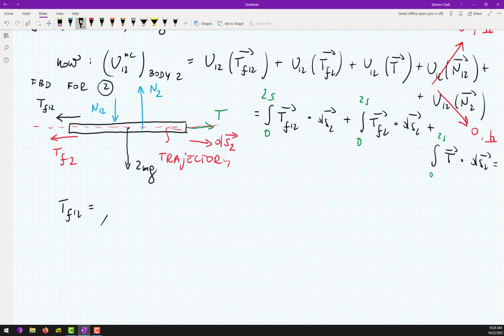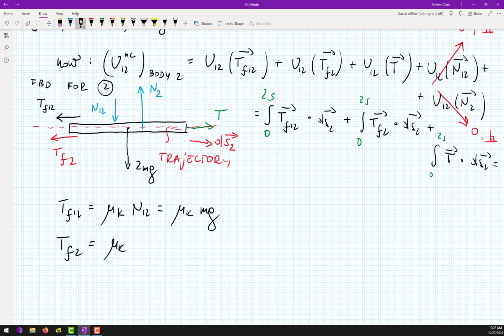So what do we have in here? TF12 will be mu k N12, exactly the same as last time, so that would be mu k mg. How about TF2? That would be mu k times which normal force?